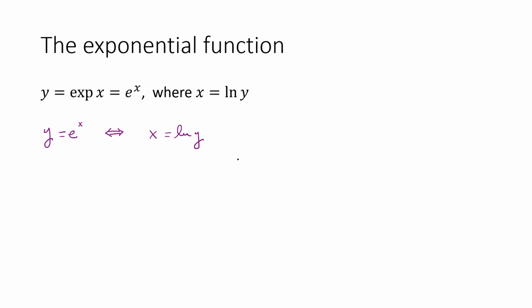Let's explore some properties of this function here. For one, we know that because they're inverses of each other, just compare the functions here. Like we've already looked at the graph of ln of x a moment ago.